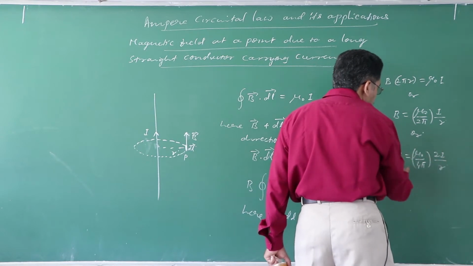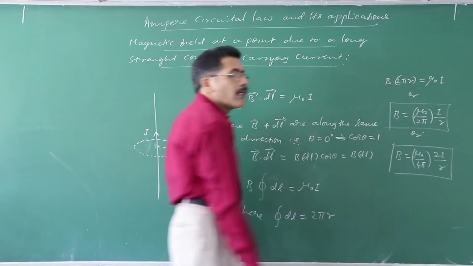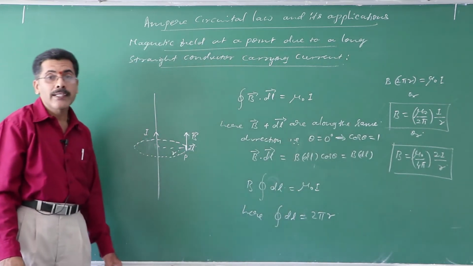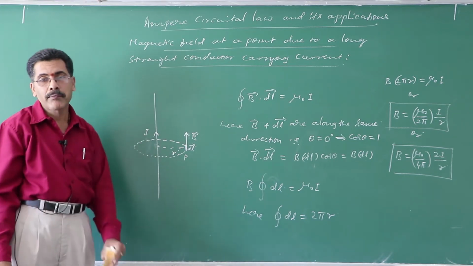This is the magnetic field near a long straight wire carrying a steady current I. Here the current is steady, remember.